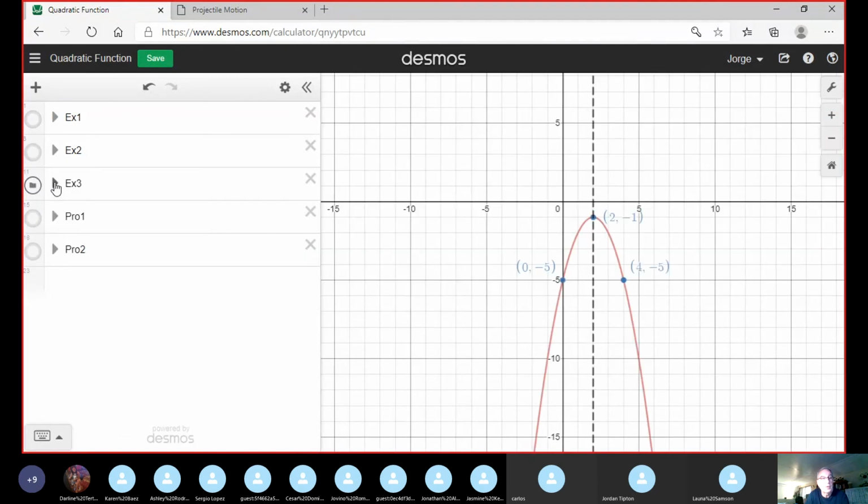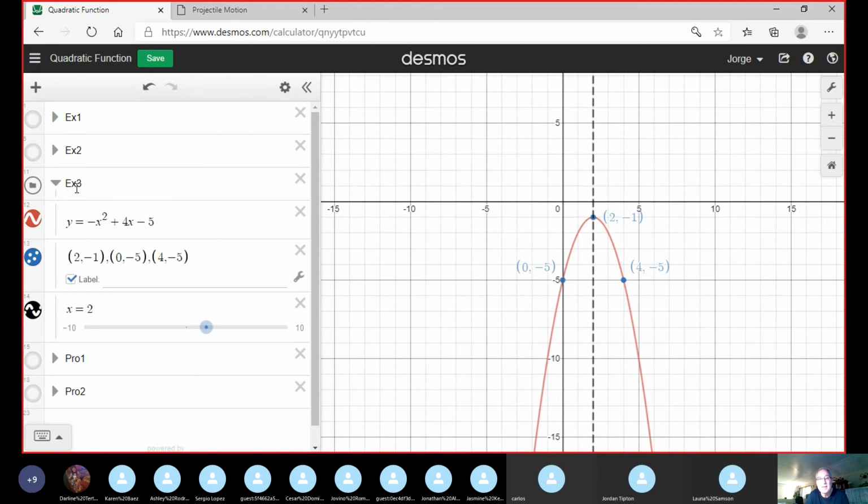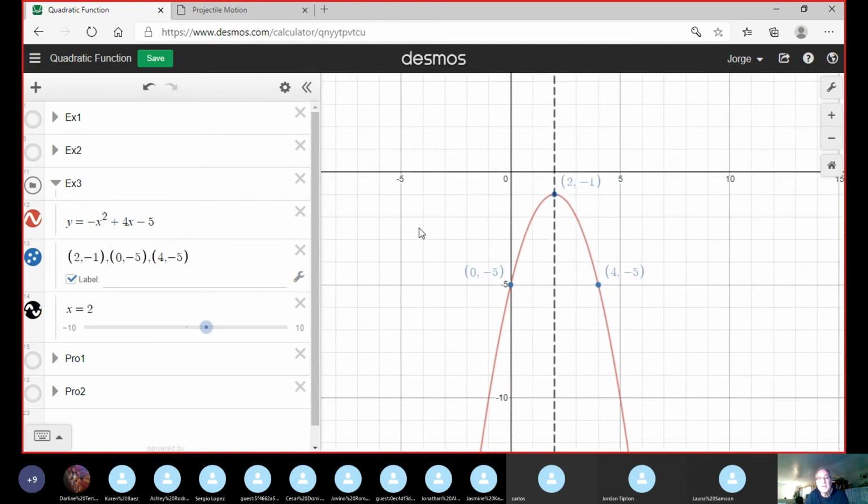Example 3. Look at what happened in the example. The vertex is at the point (2, -1), and the parabola opens down. So it's obvious that it never crosses the x-axis. The only point I have is (0, -5), which was the y-intercept.